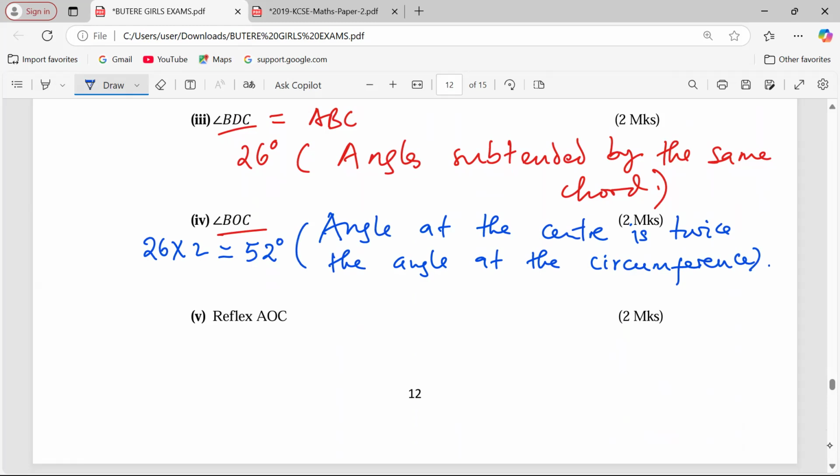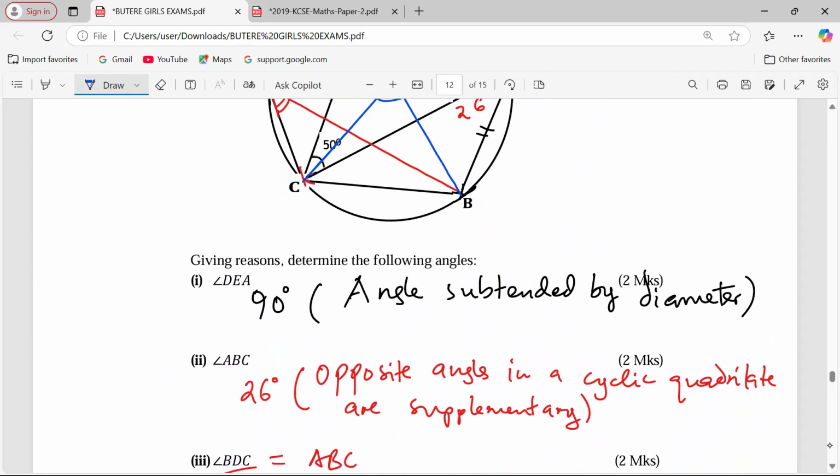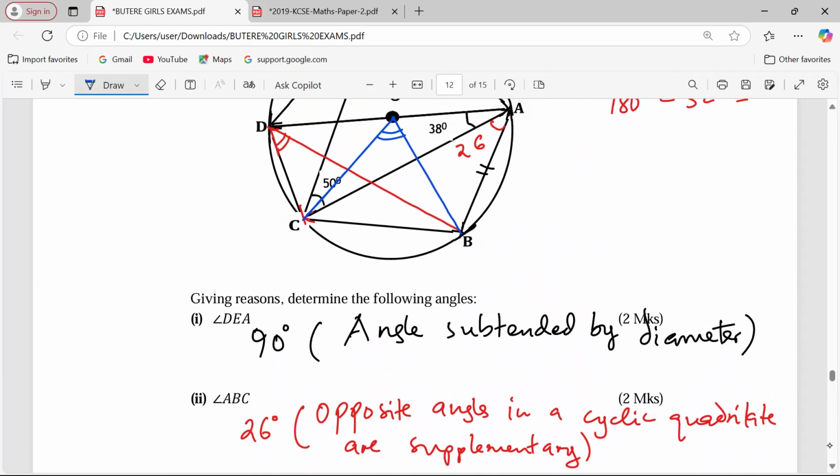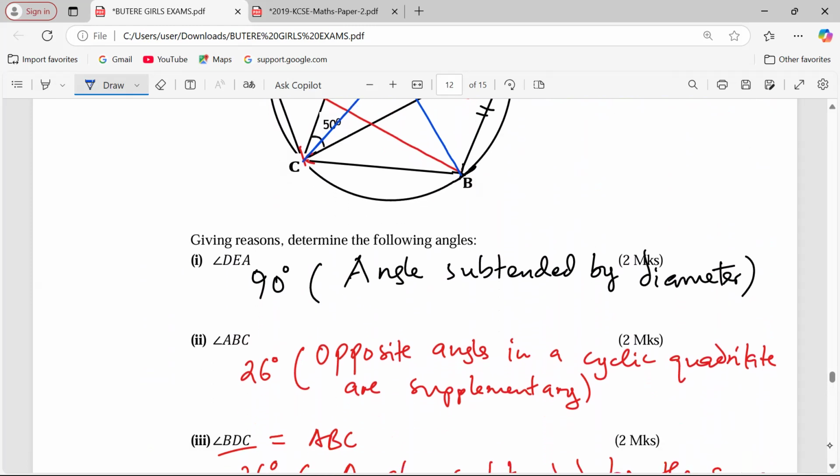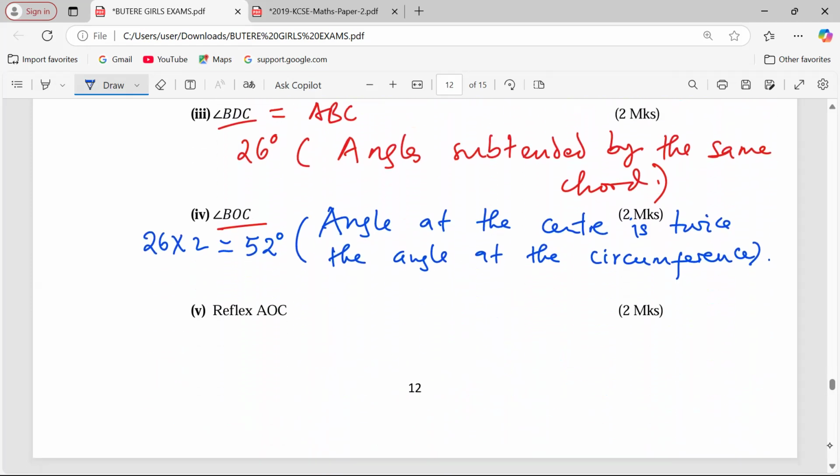The angle produced at the center is usually twice the angle at the circumference by the same chord. So the same chord BC produces an angle of 26 at the circumference, and now it produces another angle at the center. So the angle at the center should be double the one at the circumference.